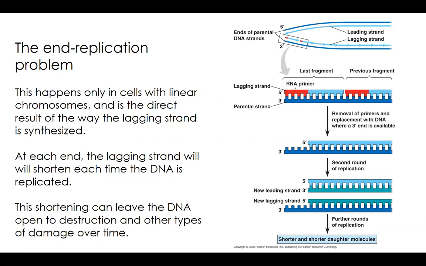But you can't just eat into your chromosomes forever. At some point, you'll cause damage that's going to affect the cell badly. You may either eat into more important information, you may cause other types of damage. It's going to be bad if we continue to shorten.